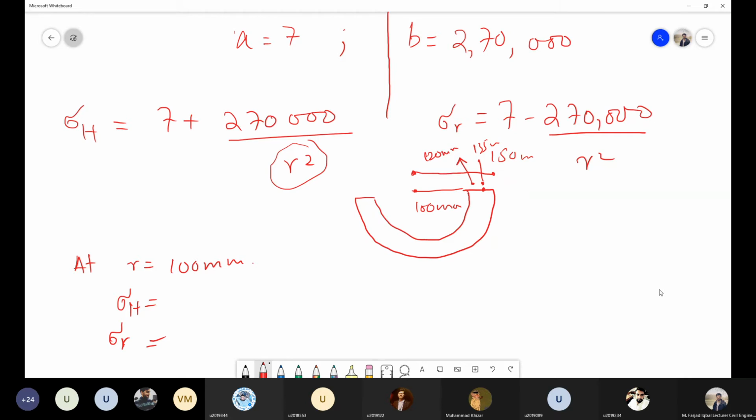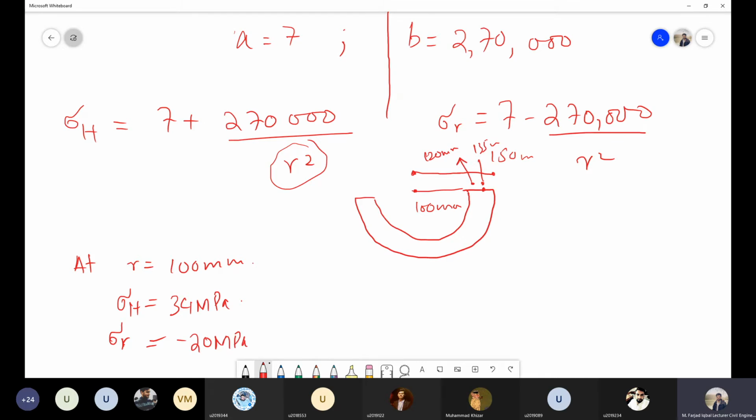So the hoop stress will come out to be 34. Just check. Yeah, it is 34 megapascal. And what about the radial stress? Minus 20. Radial stress will come out to be minus 20 megapascal.